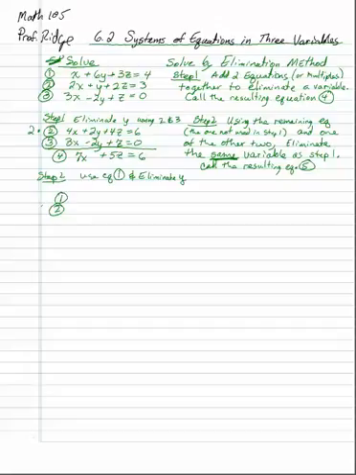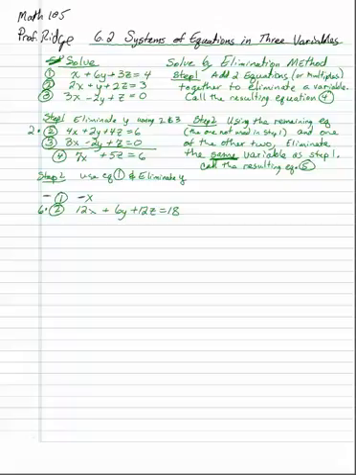So I need to take equation 2 times 6, get 12x plus 6y plus 12z equals 18. Equation 1, we're going to leave it alone. Well actually we need to make them opposite, so we're going to take equation 1 and multiply it by negative 1.